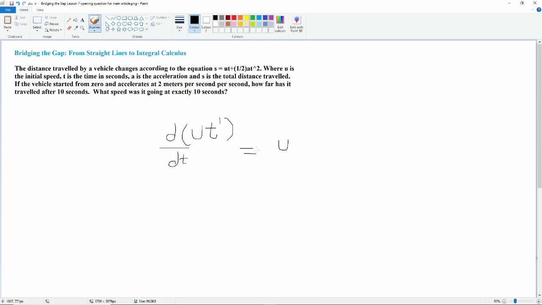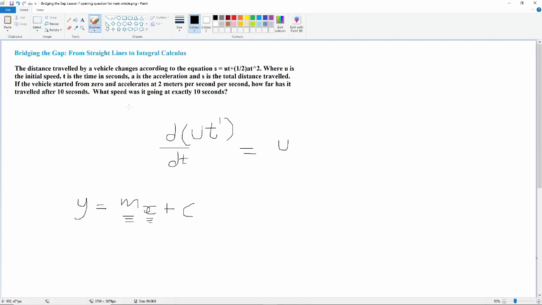Fair enough, but if we cast our minds back to lesson 1, when we were looking at the equation of a straight line, y equals mx plus c, we said that m is the slope of the line. So the coefficient that's multiplied by the linear term is the slope.